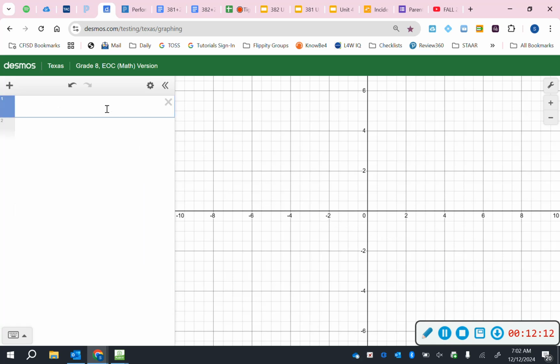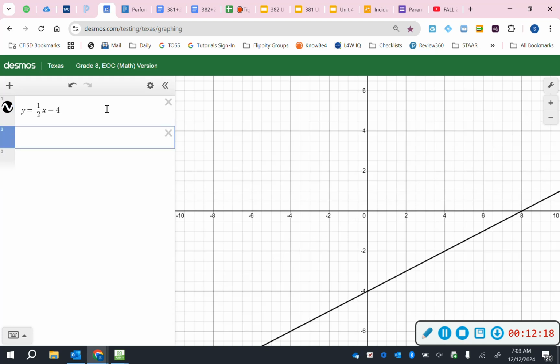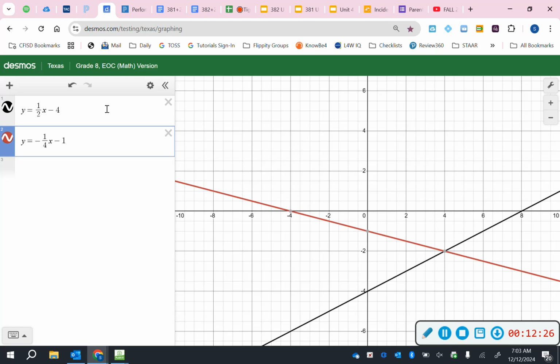Okay, so we got y equals 1/2 x minus 4, and y equals -1/4 x minus 1. If I click on where they cross, they're crossing right here. My solution is at 4, -2.